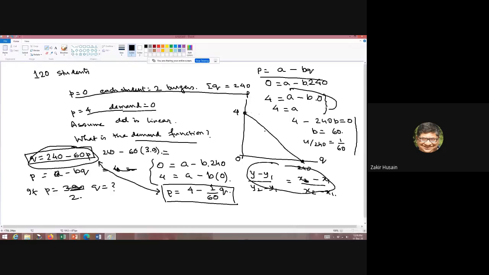Yeah, so what I said was P equal to A minus BQ, right? So we get two equations: 0 equal to A minus B times 240, and the second equation, 4 equal to A minus B times 0. So this gives me 4 for A, right? I'm plugging this value of A over here. So 4 minus 240B, which gives me, as you have said, B is equal to 1 by 60.